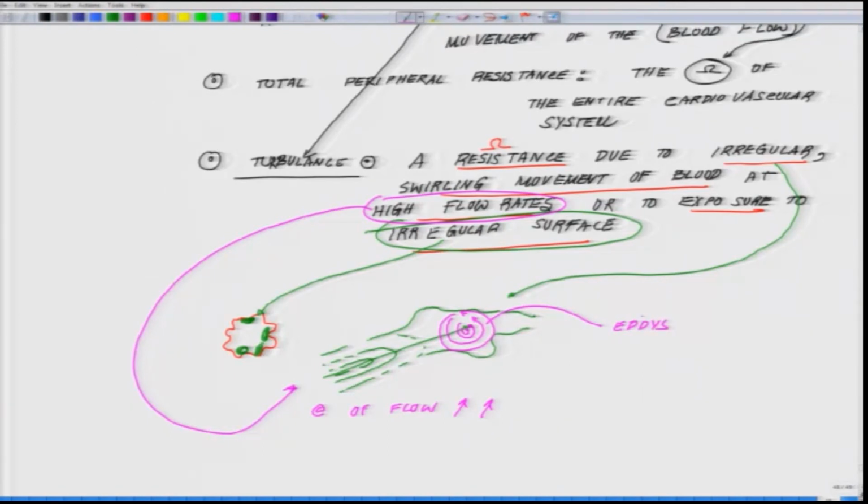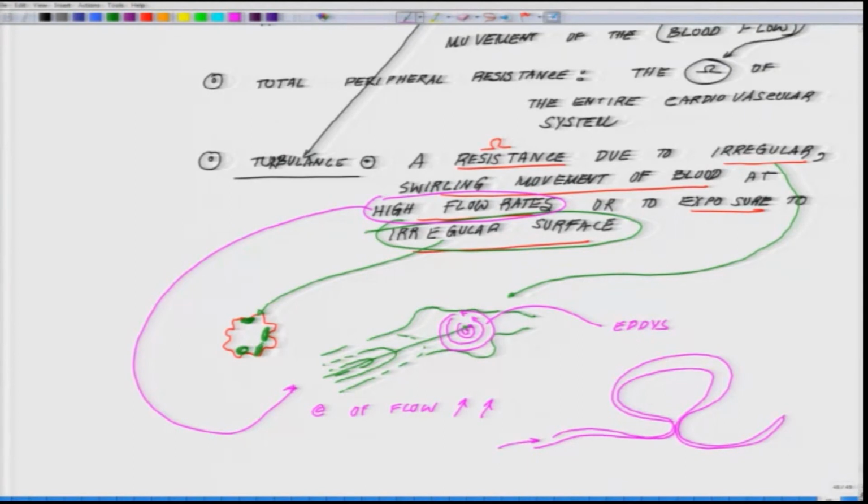And now, in the light of this definition of turbulence, look at what is happening in an aneurysm, where the blood vessel all of a sudden changes shape. Part of the vessel curls back.